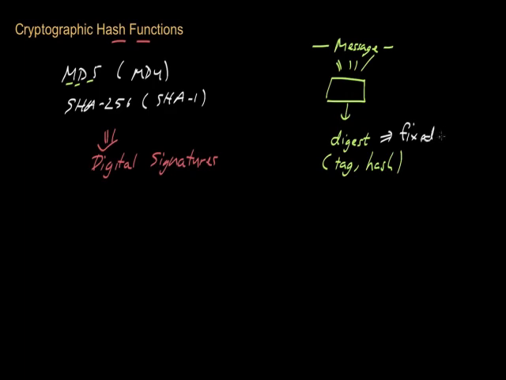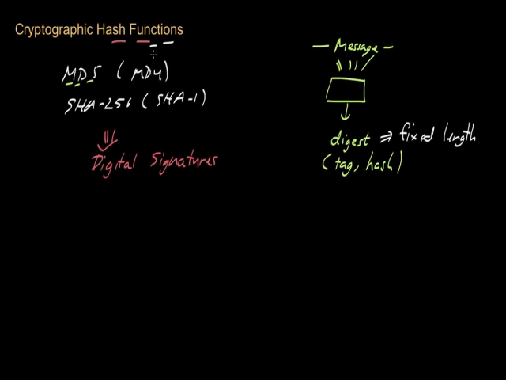So it has a fixed length output, but an arbitrary length input. The other thing I want to point out is that the function is deterministic, by which I mean that the output will always be the same for a given input. You won't have a situation in which a given input has two different possible outputs. It's going to be consistent.